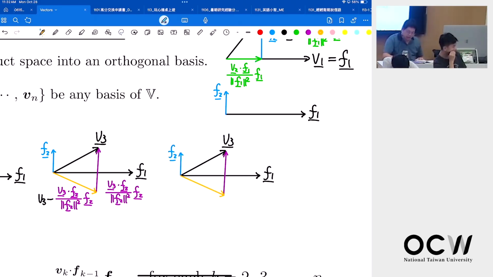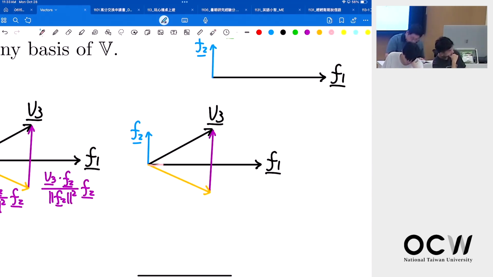Later on, I need to focus on the orange one. In this vector, I still have some components from F1, so I need to deduct that. I need to remove that part.